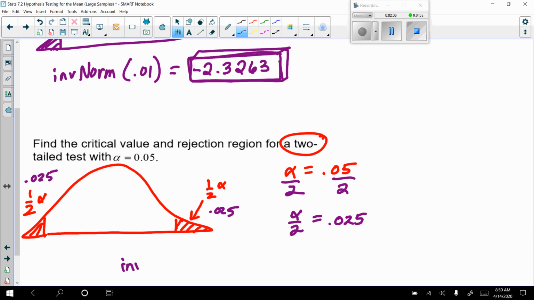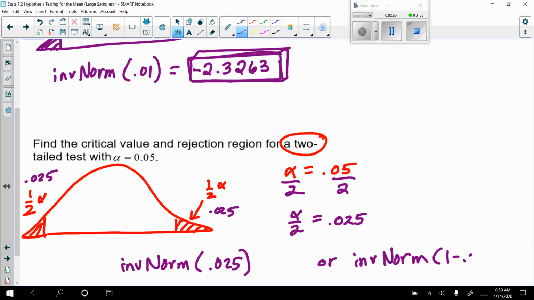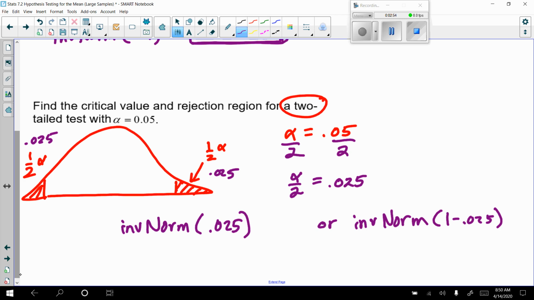So if I do inverse norm, I can do it of 0.025, or I can do it of 1 minus 0.025, and I'll get the same exact thing.